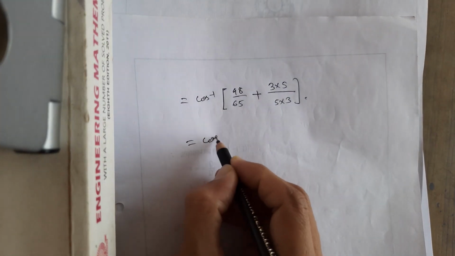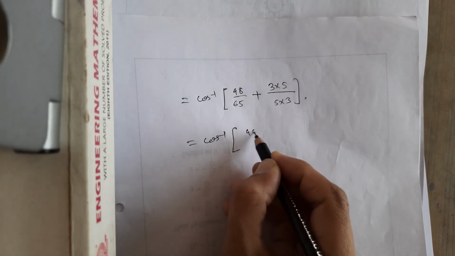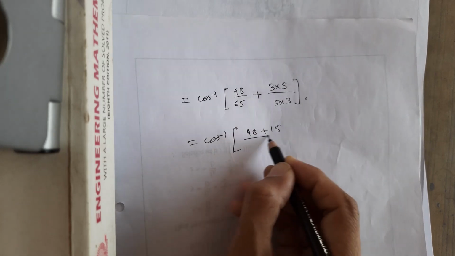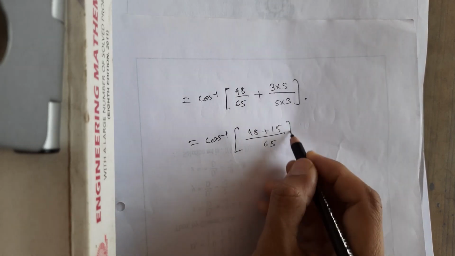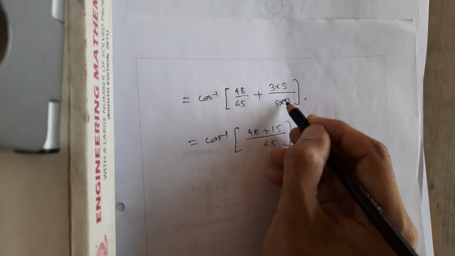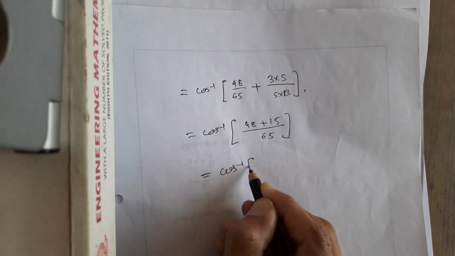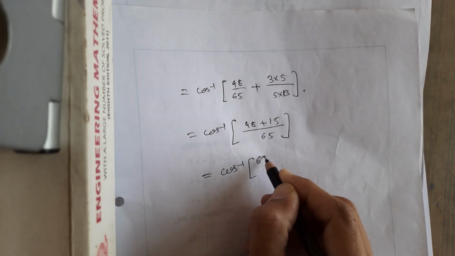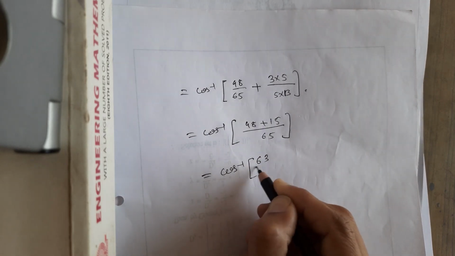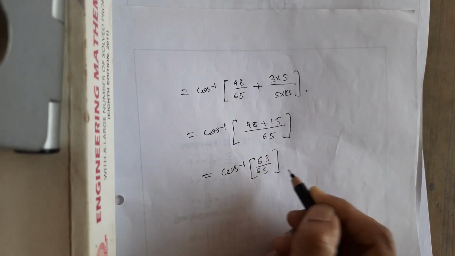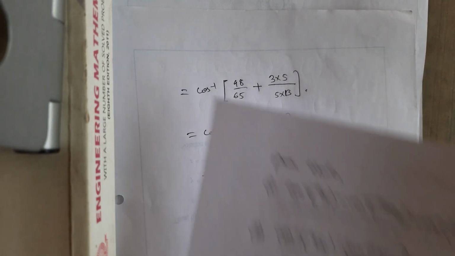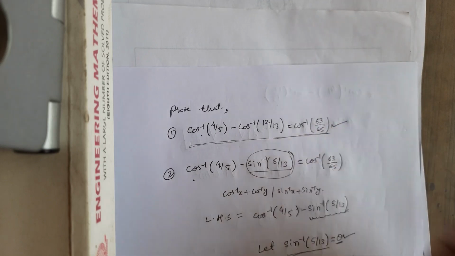So I'll get cos inverse of 48 plus 15 divided by 65, which is equal to cos inverse of 63 upon 65, and that's what I wanted to show here.